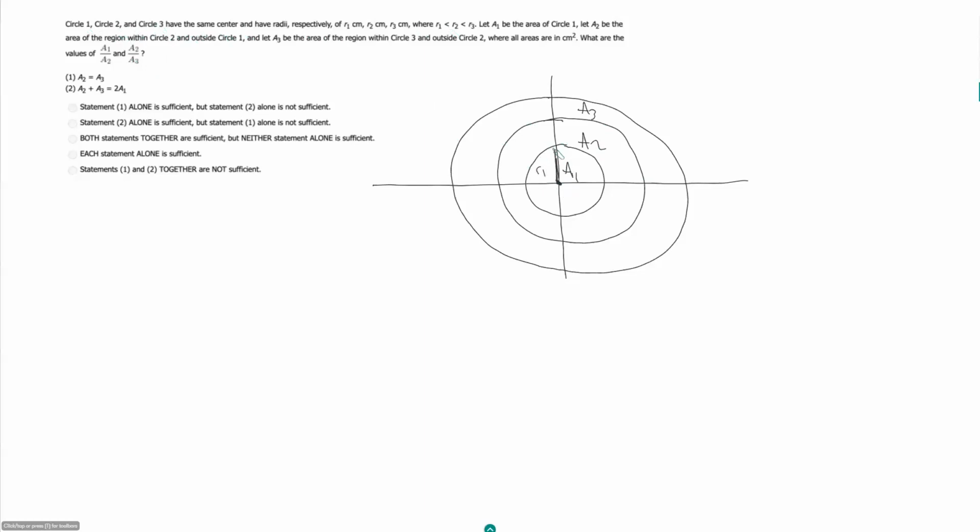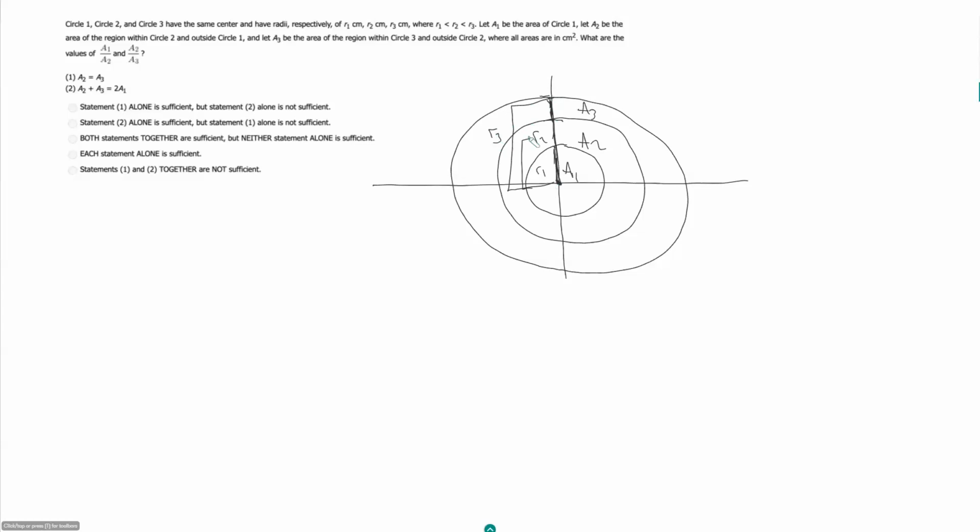If R1 is here, then R2 is from the center to here, and then R3 is over here.